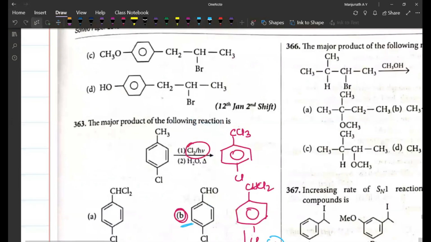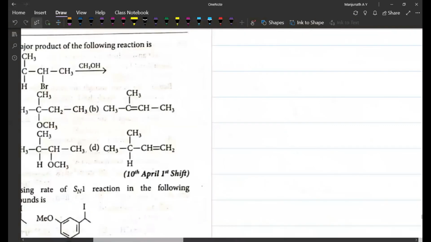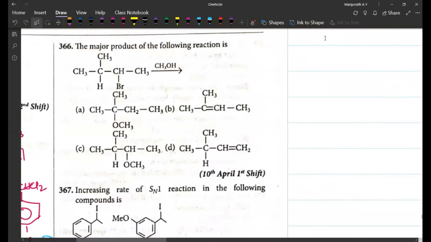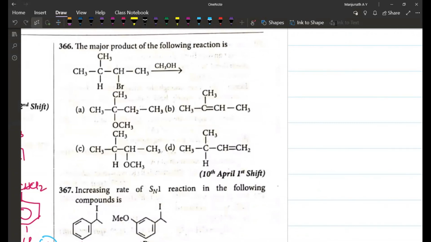Yeah, here. The major product of the following reaction. Now you tell me CH3OH, whether it undergoes substitution or elimination. Please understand, this is a protic solvent.